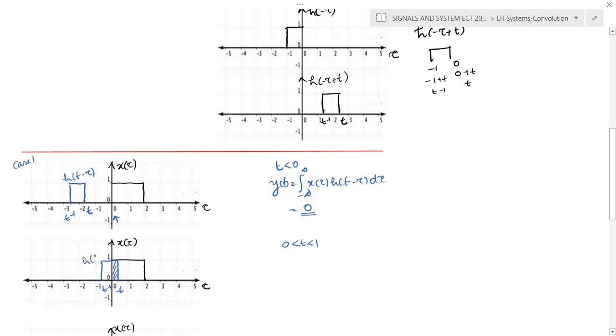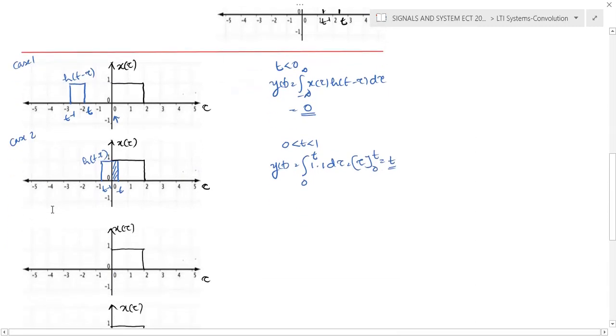So this is h of t minus tau. Now we can write y of t like this. In the previous equation, the integration will start from 0 onwards and up to t. And for this duration, the magnitude of x is 1, and the magnitude of h of t minus tau is 1. So we can write it like this. It becomes integral of d tau from 0 to t. And after applying the limit, the result will be t. This is case 2.